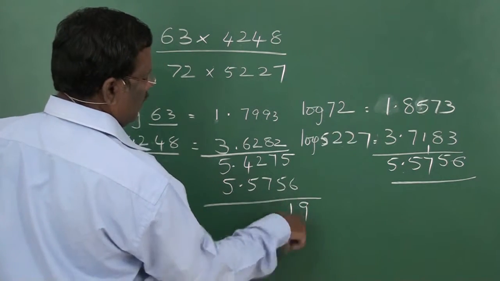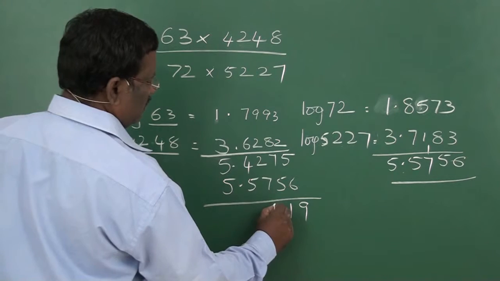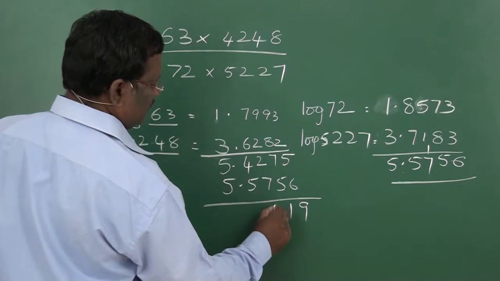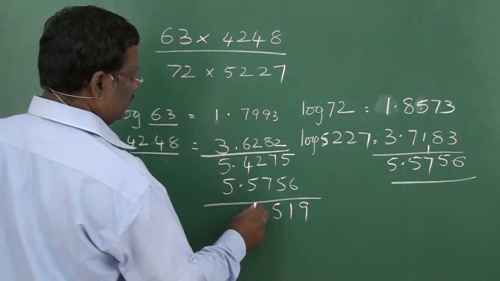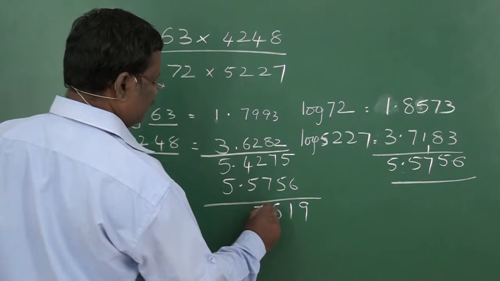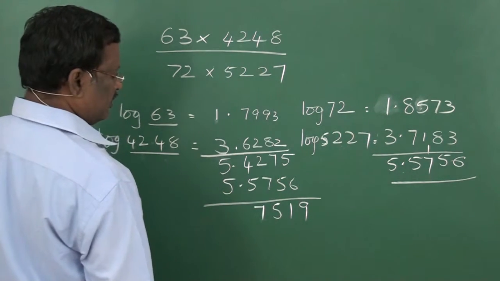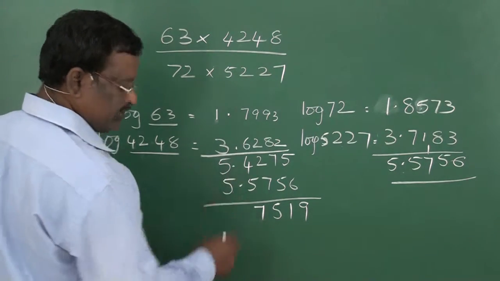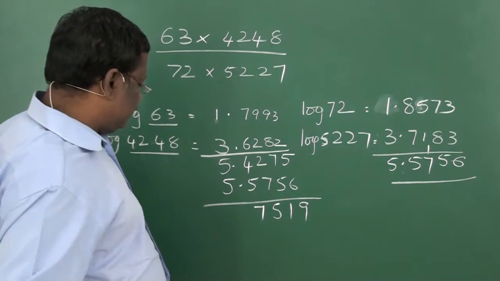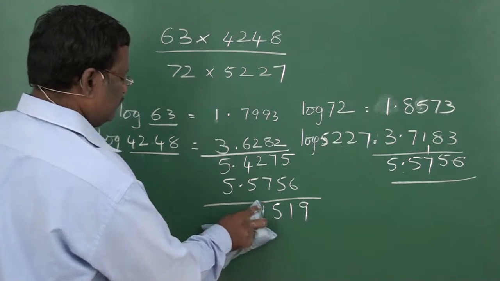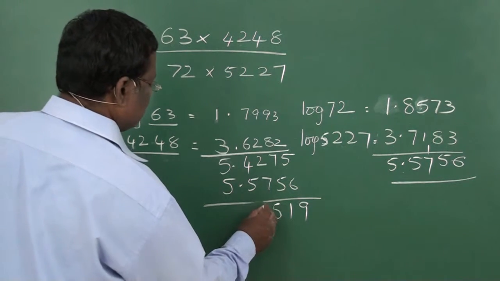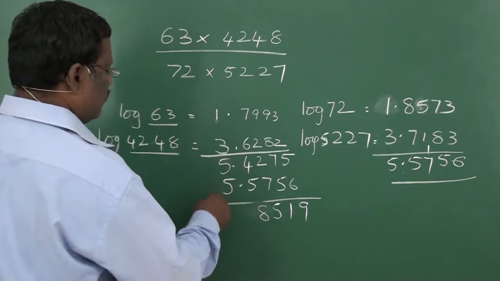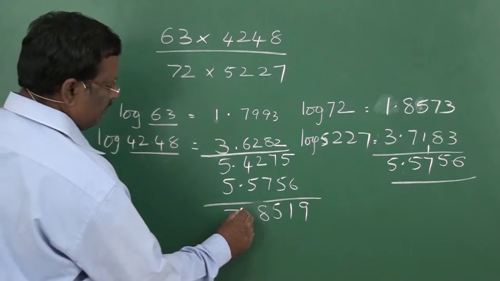Subtract it. On subtraction, 13 minus 5 is 8, and so on. Here 4 minus 5 is minus 1.